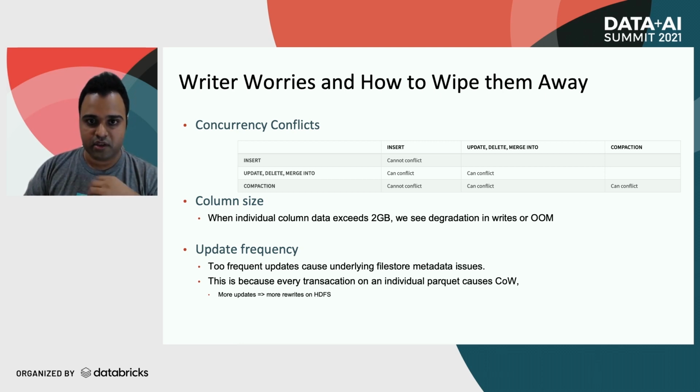If your underlying file system is expensive for the blocks of writes that you do, you might end up in a very tricky situation. And the other thing is you might end up with too many small files. But Delta does have some things in place, like auto compaction and optimized writes, to help us. We're going to look at that in a bit.